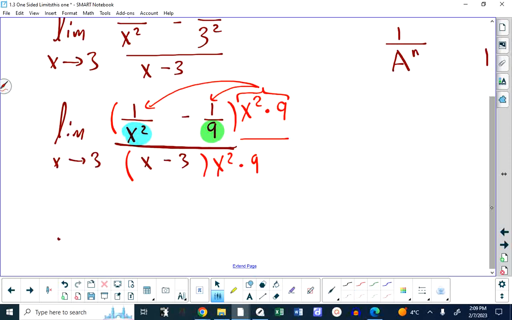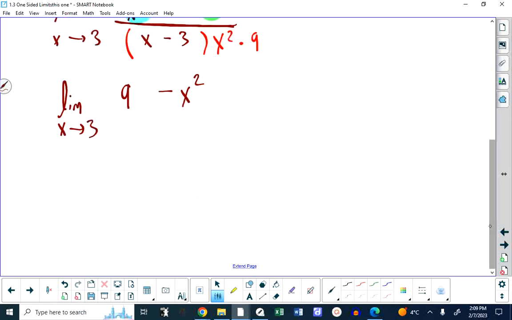And what I get is the x squareds canceling and leaving me with 9 in the first term, minus the 9s canceling and leaving me with x squared in the second term. And on the bottom, I have x minus 3 times, I'll just flip this around and write 9x squared.